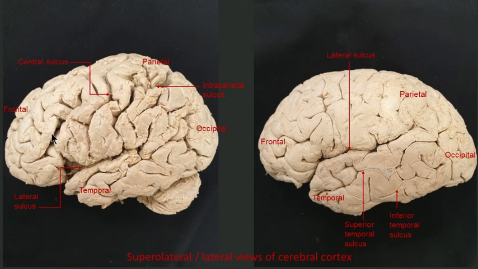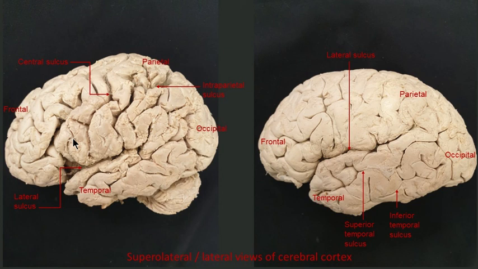This is our precentral sulcus, and the area between the precentral sulcus in the front and the central sulcus at the back is the precentral gyrus. Remember, the gyrus is the elevation between two corresponding sulci, between two successive sulci. So precentral gyrus lies between the central sulcus at the back and precentral sulcus in the front. Precentral gyrus is part of the frontal lobe, and frontal lobe is motor. So this is our primary motor area.